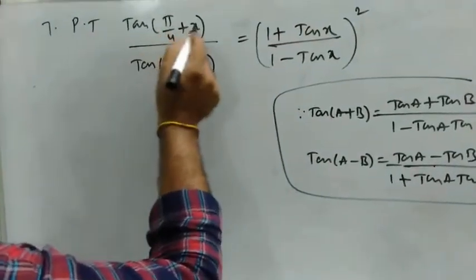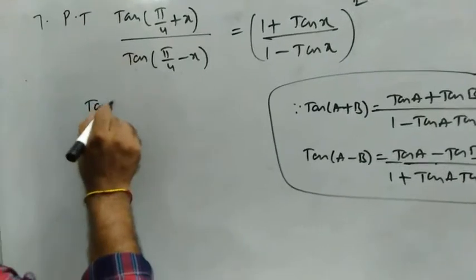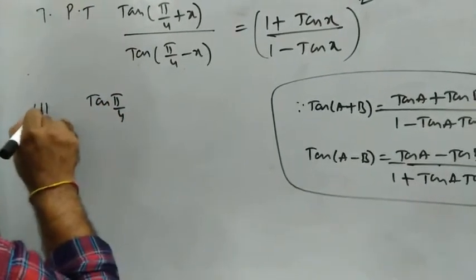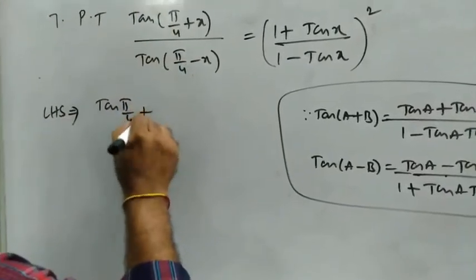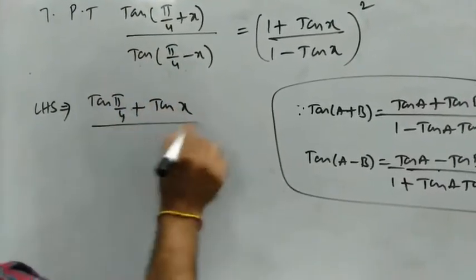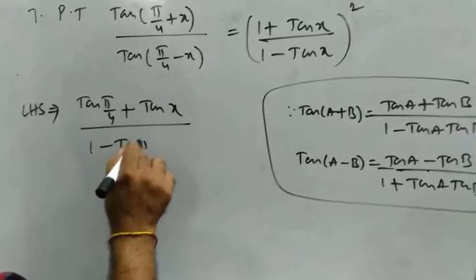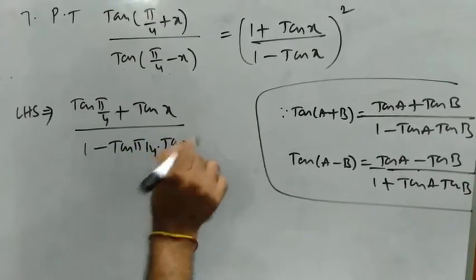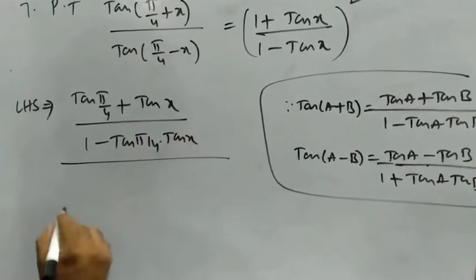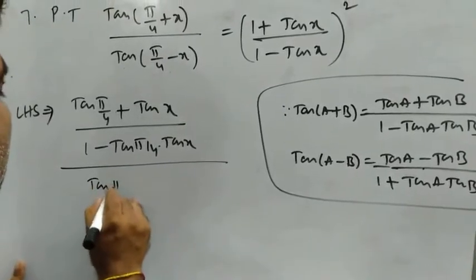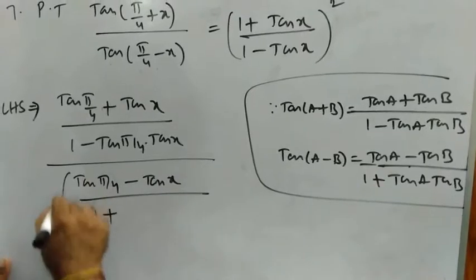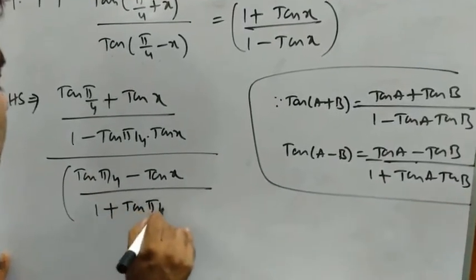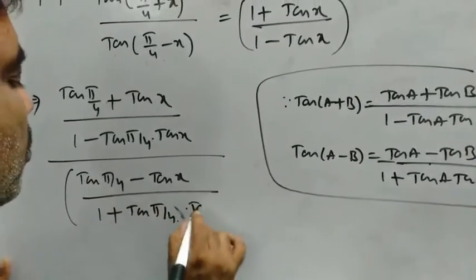So tan A plus B notation. So tan pi by 4, so I'm considering LHS part, tan A plus tan B by 1 minus tan pi by 4 into tan x. In the denominator, tan pi by 4 minus tan x by 1 plus tan pi by 4 into tan x.